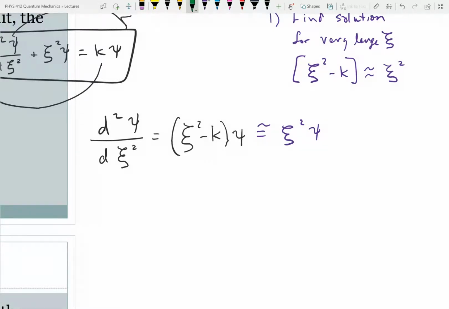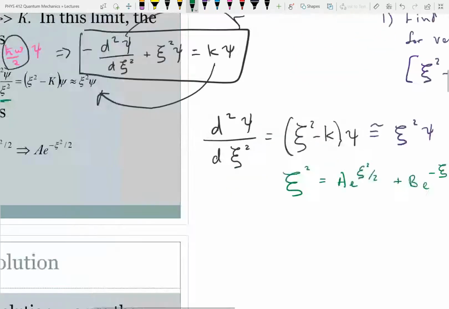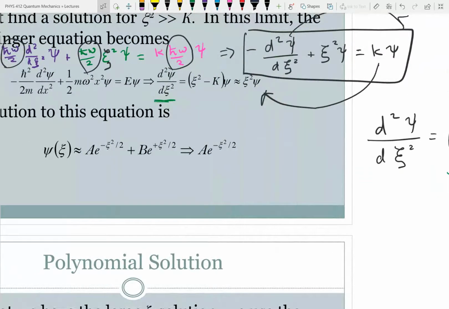It says the solution of this has the form of that, and it's shown right here.